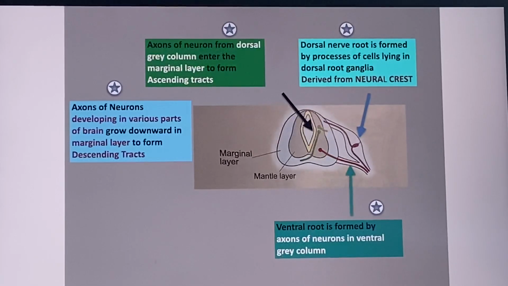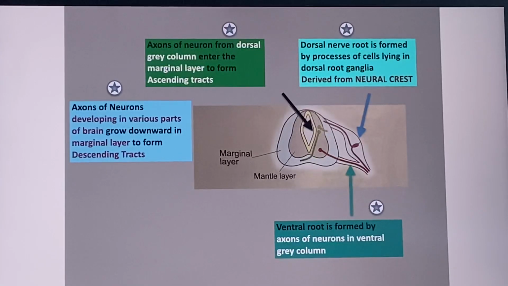So this is basically the development of the different axons or tracts present in the spinal cord. In the dorsal root, the cells which are present, their axons form the ascending tract, and the cells present in the ventral gray column form the ventral root of the spinal nerve. Then come the axons of the neurons lying in various parts of the brain.